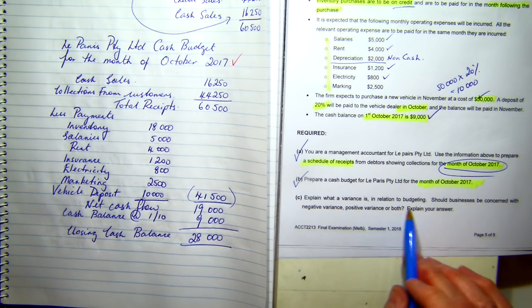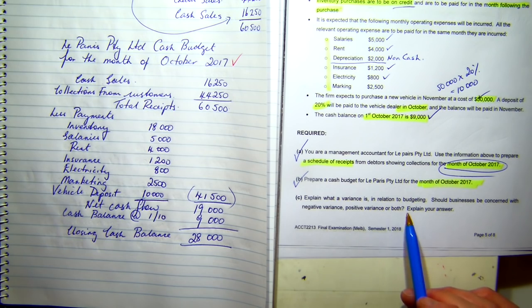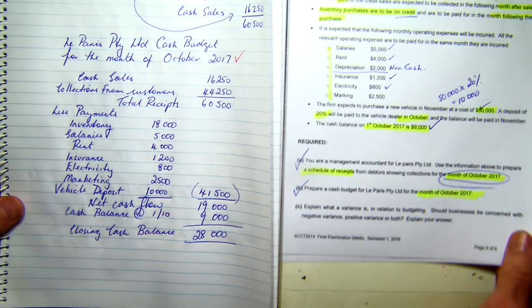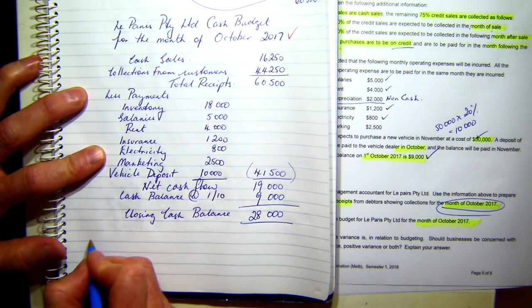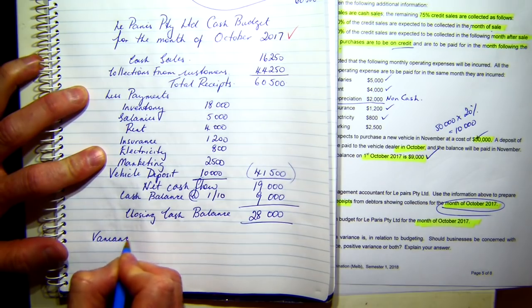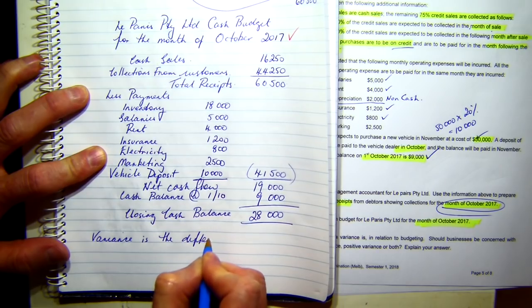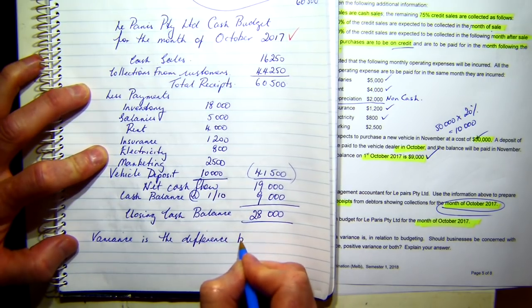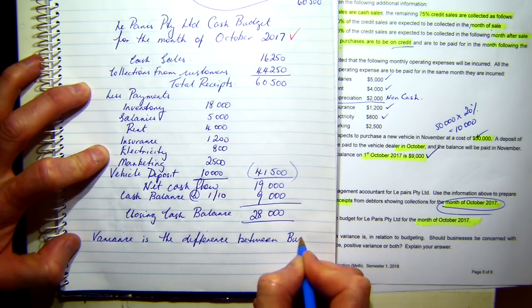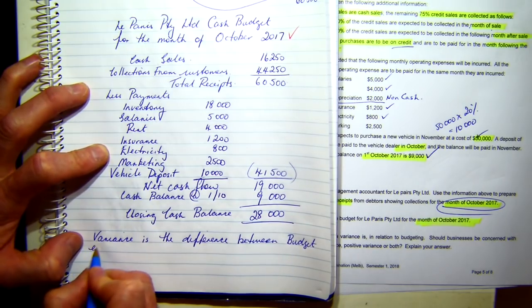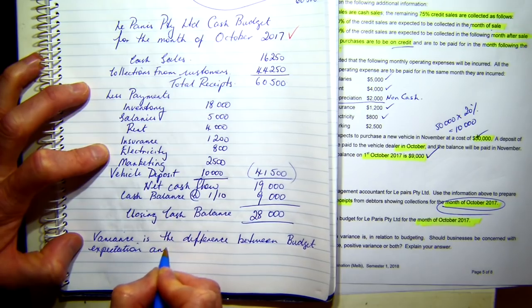Explain what a variance is in relation to budgeting. Should businesses be concerned with negative variances, positive variances, or both? Explain your answer. Okay, so what's a variance? Variance is the difference between budget expectations and actual results.